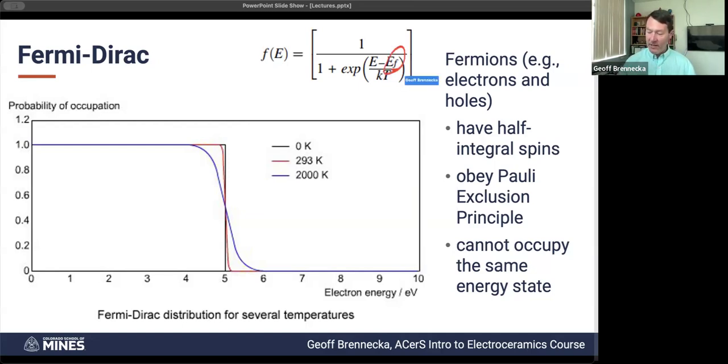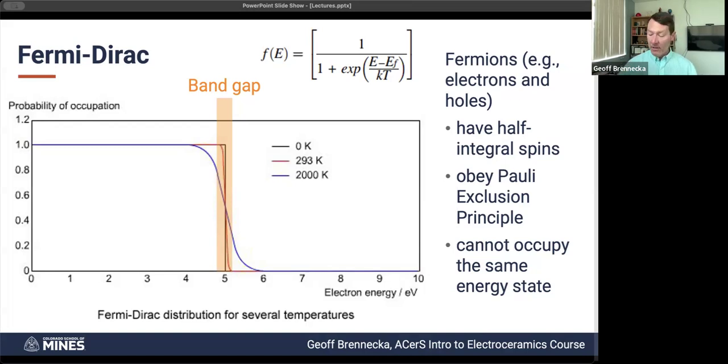That pivot point right here is the Fermi energy. And you can see the kT is what says that it's dependent upon temperature. If we have a semiconductor or any sort of insulator that has a band gap, all that means is that you've got this same exact distribution as before.